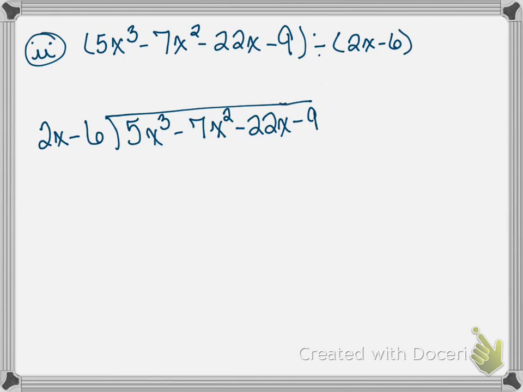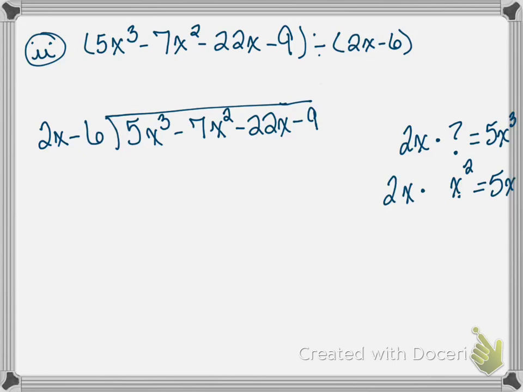Okay, so the trickiest part is that very first one. So I have 2x, and I need to know what do I multiply 2x by. So 2x times what is going to give me 5x to the third. Okay, so we know there's going to be an x squared in it because x times x squared is x to the third.